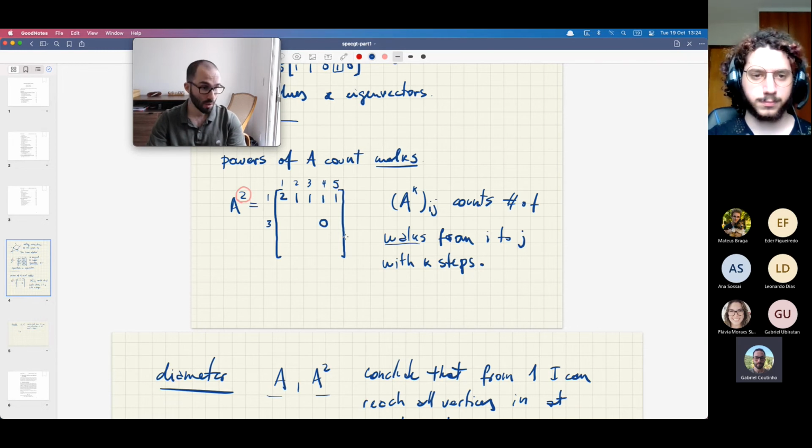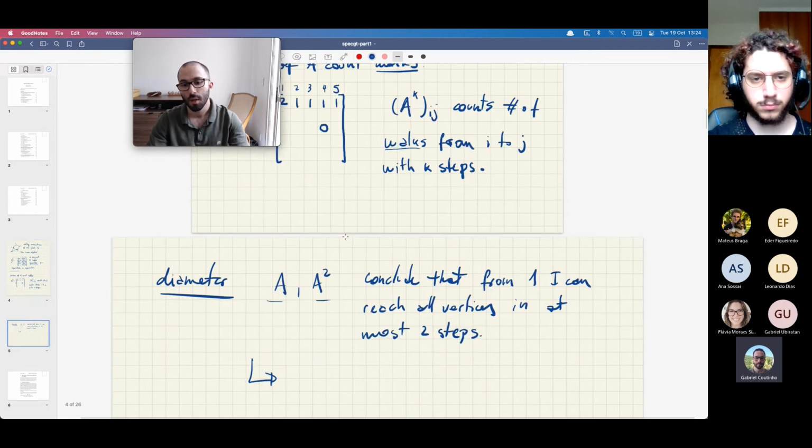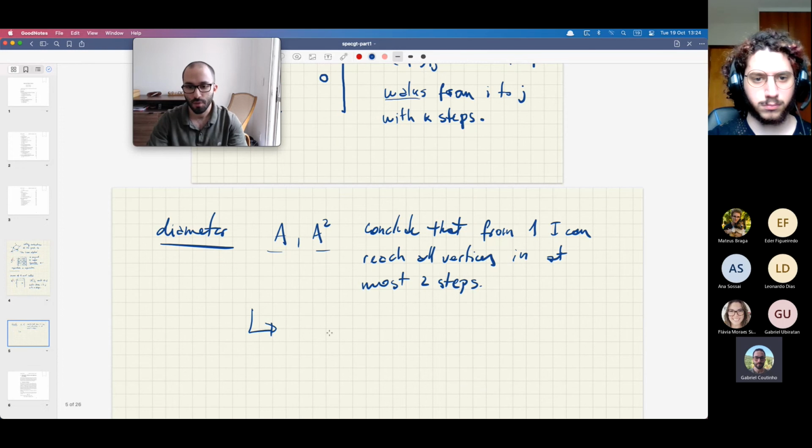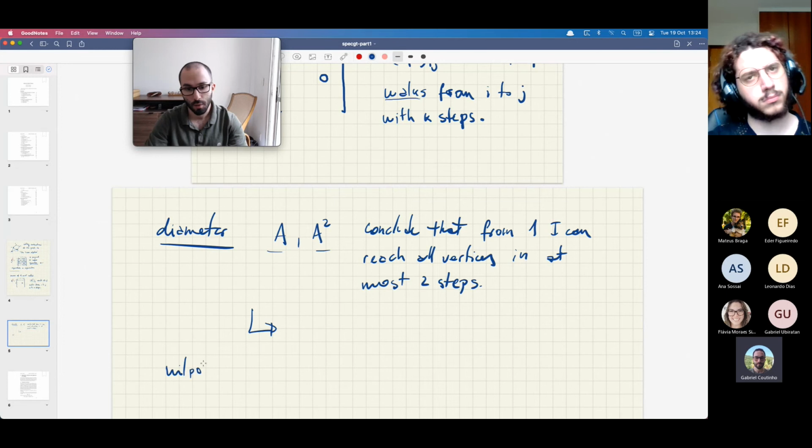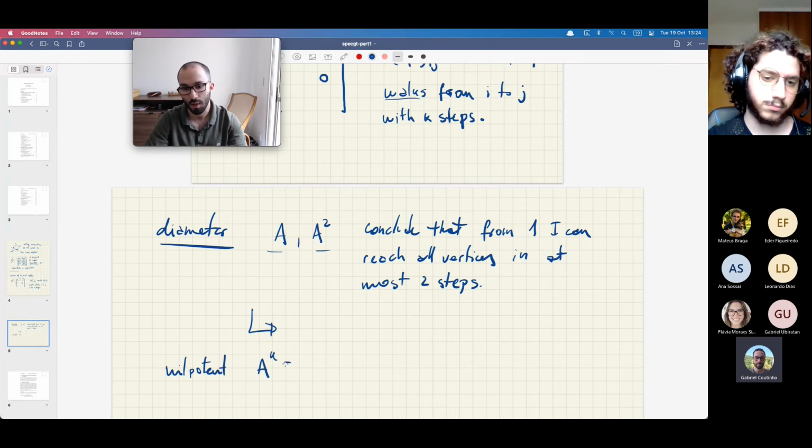So there's a question here in the chat: would those matrices be nilpotent if the graph is a tree or a forest? No. These matrices will never be nilpotent, because a nilpotent matrix is a matrix A so that A to the k is equal to 0, the all zeros matrix, for some k.